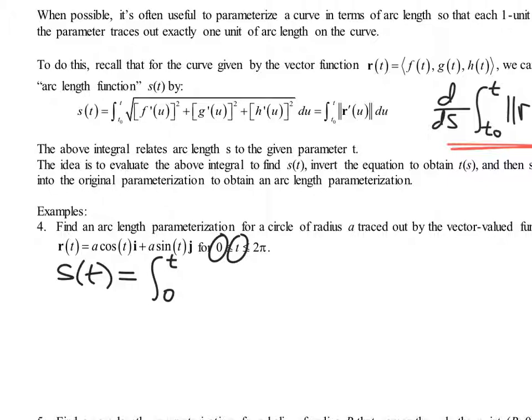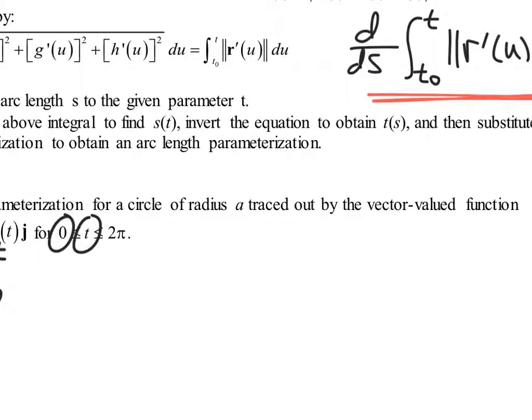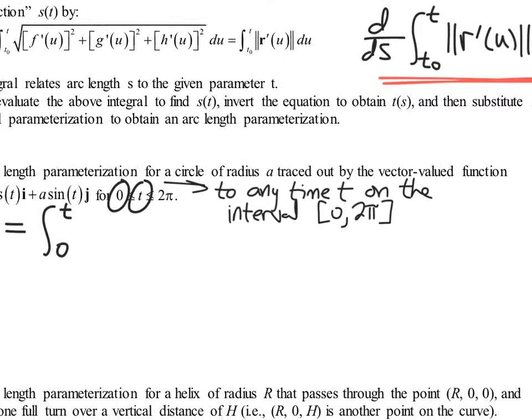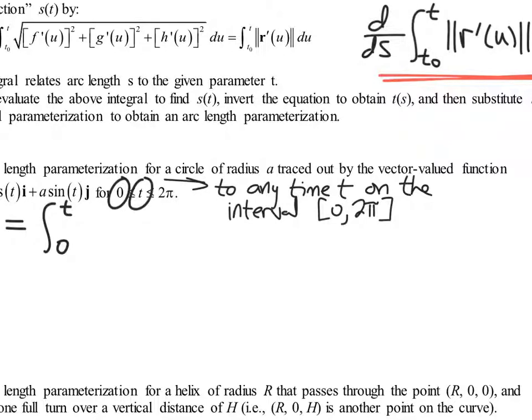This is because you want to go to any time t on the interval of 0 to 2 pi. All right, so that's our justification for finding the integral over 0 to t. Now the rationale is going to be the idea that we can change our variables, but we'll get to that in a minute.